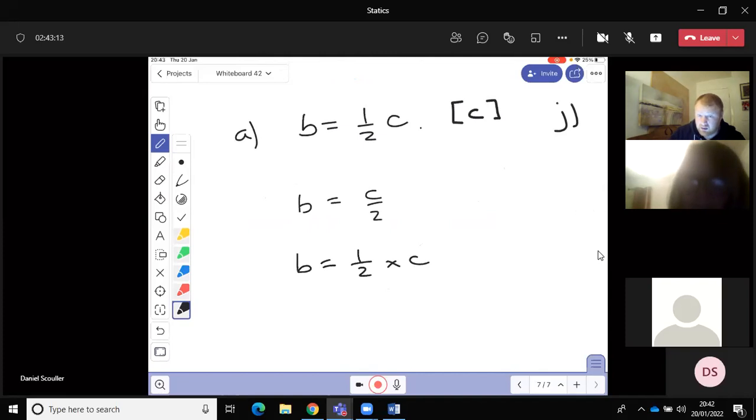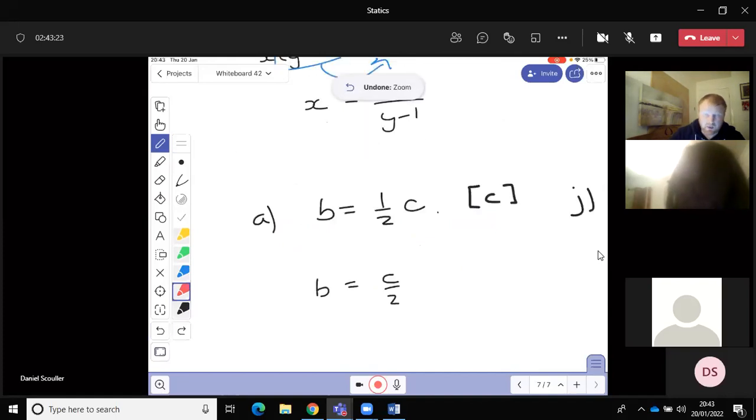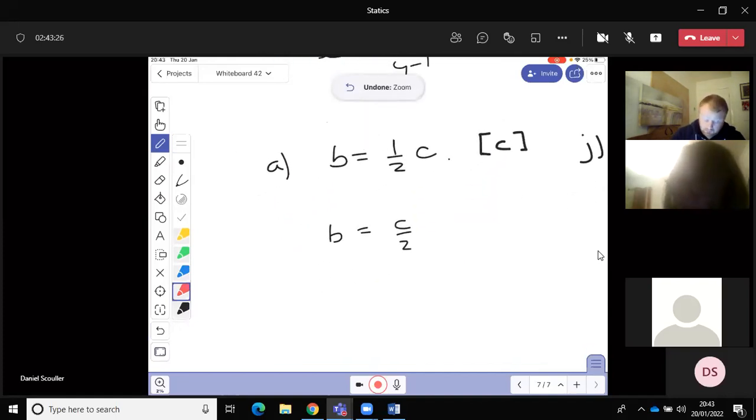They're all mathematically correct. Now you wouldn't see that in algebra, you wouldn't use a multiply sign like that in front of a letter, but that's what it means. We are more familiar with that sort of format.